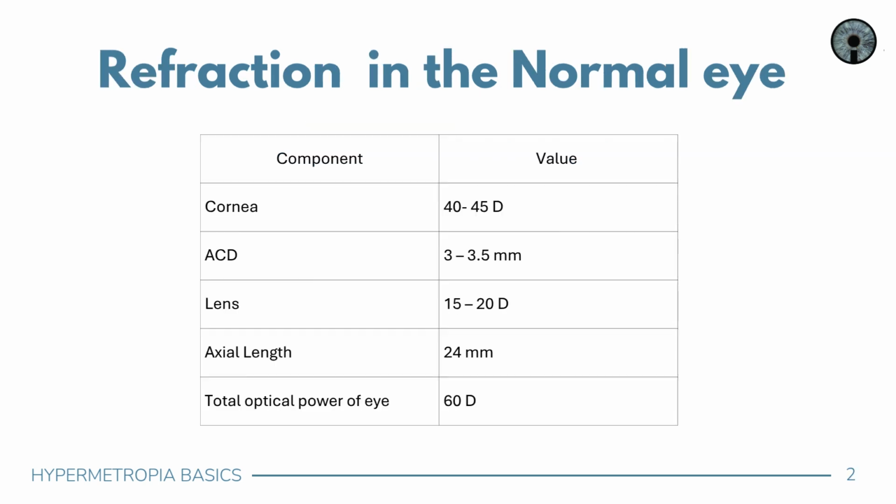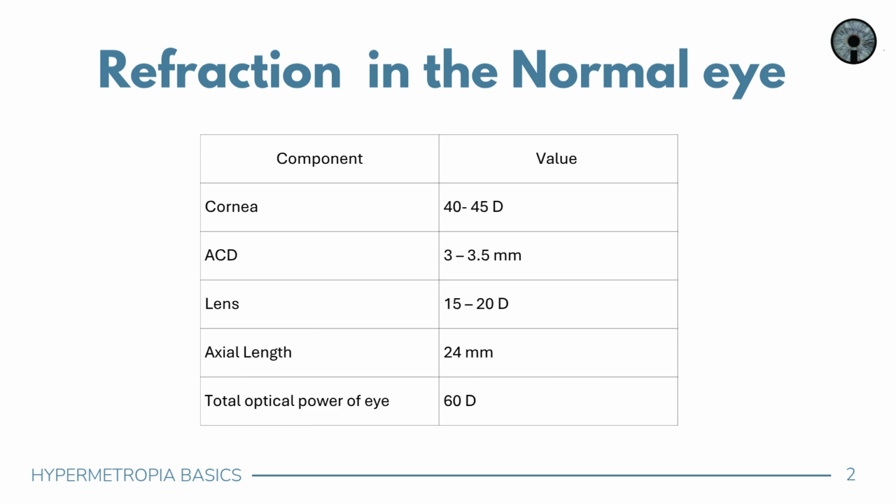Before going into the dynamics of hypermetropia, let's see the contribution of each structure in the anterior segment towards normal refraction in the eye. From the table given, you can see that the cornea contributes around 40 to 45 diopters of the total optical power of the eye, which is 60 diopters.